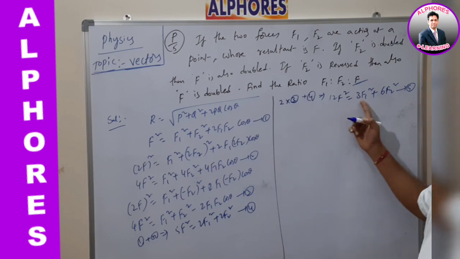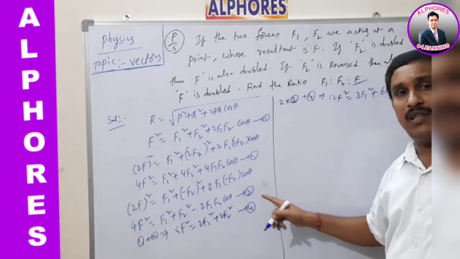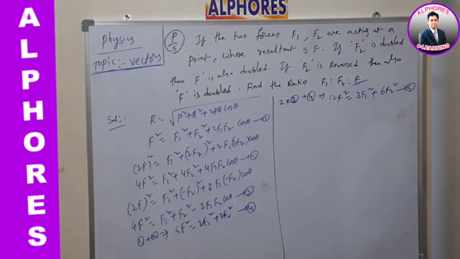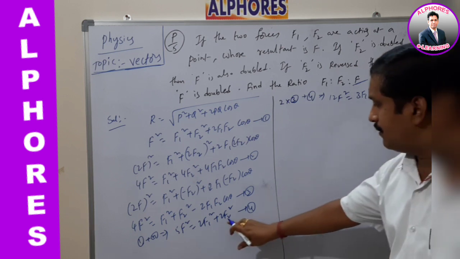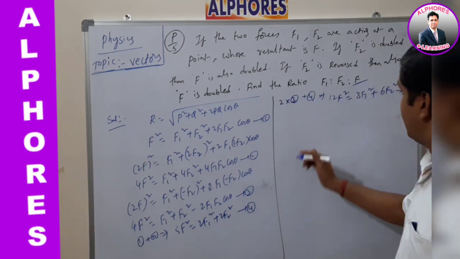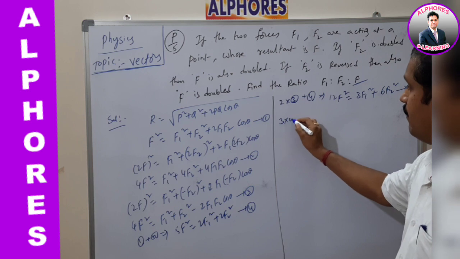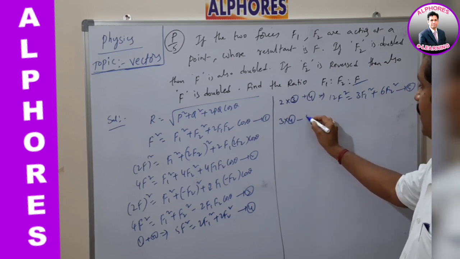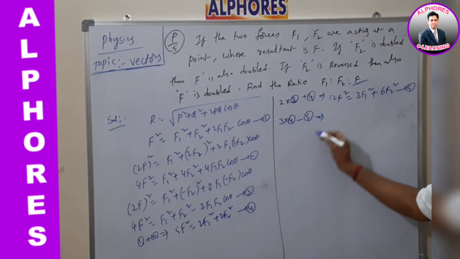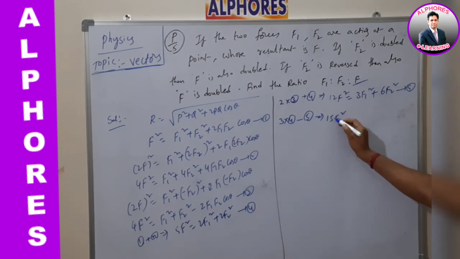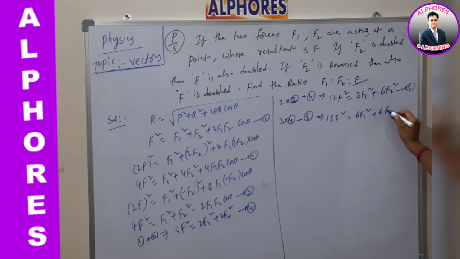By taking these two equations, I have to find the values of F1 and F2 in terms of F only. How to solve? This is 6F2 square and this is 2F2 square, so you have to take 3 into equation number 4 minus 5. 3 into equation number 4 means 15F square, that is 15F square is equal to 6F1 square plus 6F2 square.